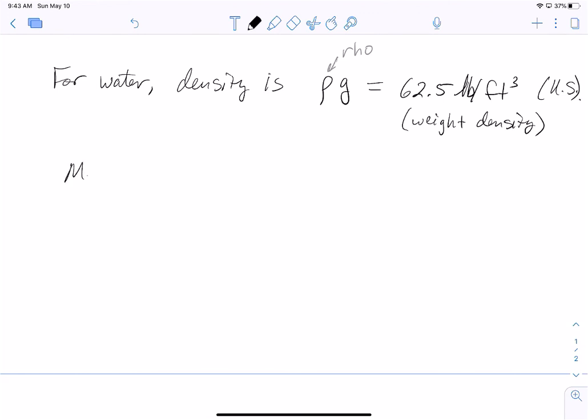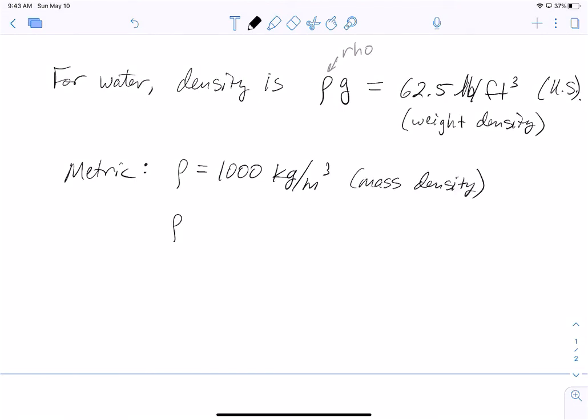In the metric system, rho is equal to 1,000 kilograms per cubic meter. Now, this is actually a mass density. And so rho times gravity, the weight density, is going to be 9,800 newtons per cubic meter, bringing in that 9.8 from the gravitational acceleration constant.